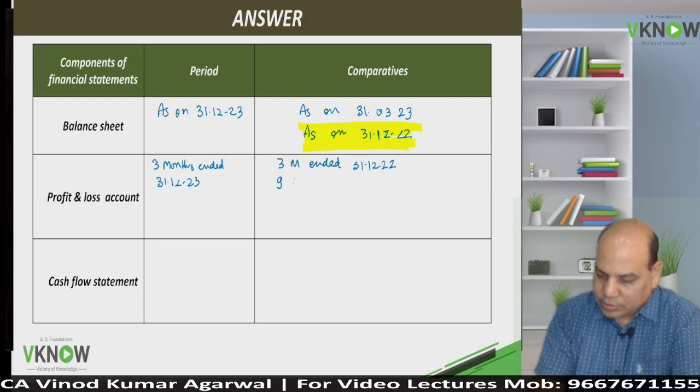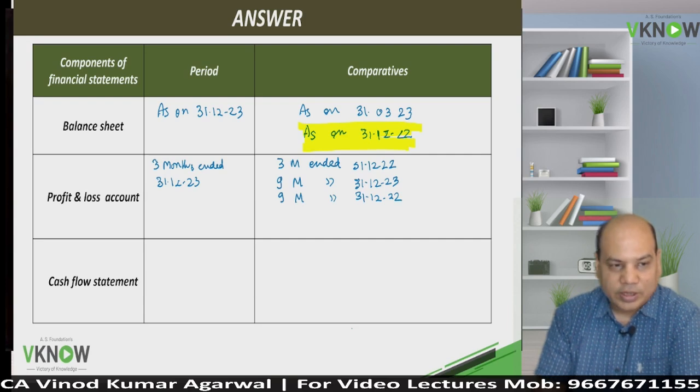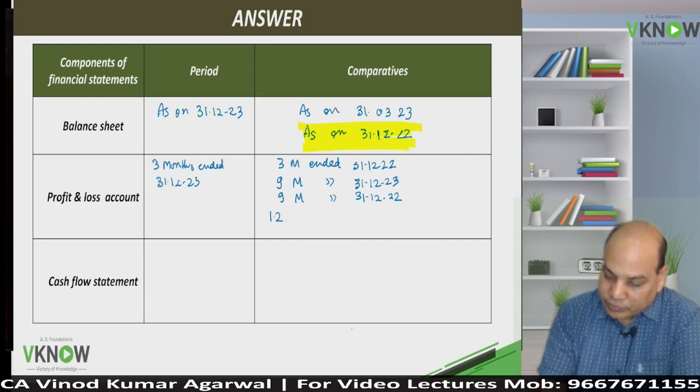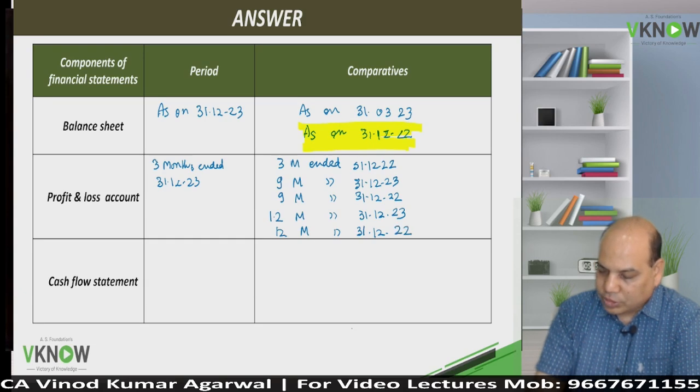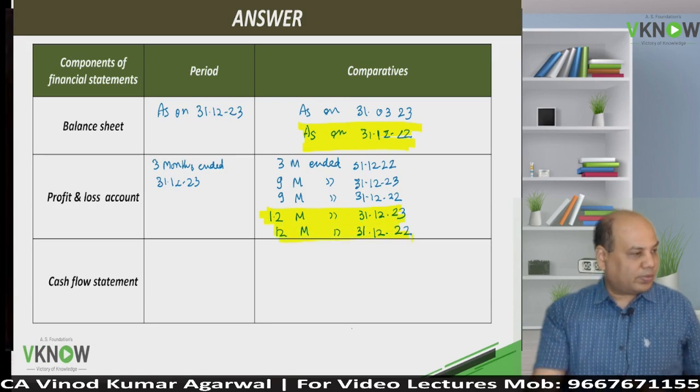Then year to date 9 months ended 31/12/23, 9 months ended 31/12/22. These are mandatory. For seasonal business, we'll have 12 months ended 31/12/23 and 12 months ended 31/12/22. So you will highlight the last two, which are additional requirements for seasonal business.